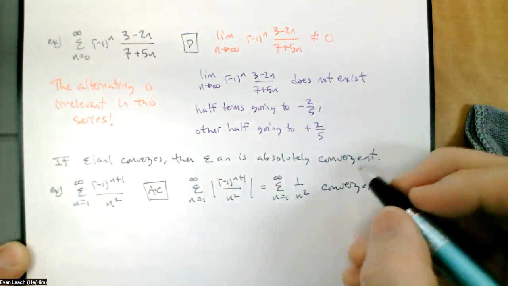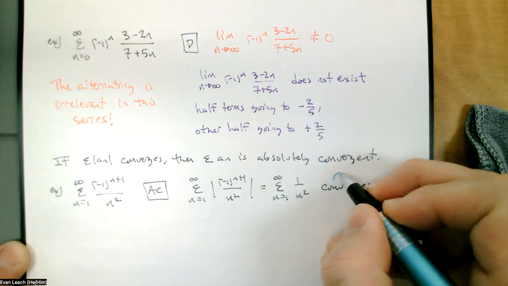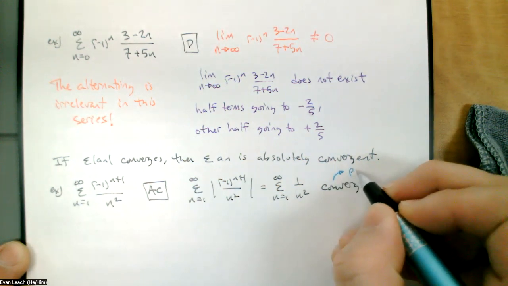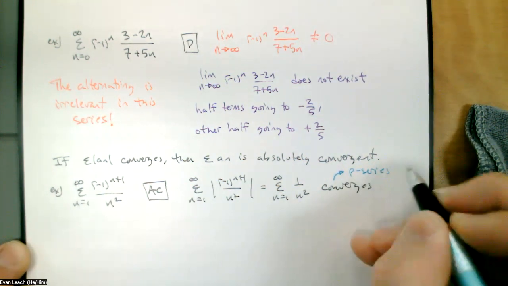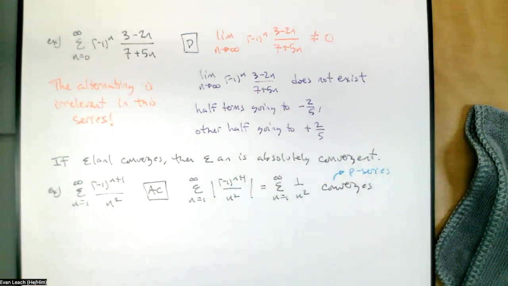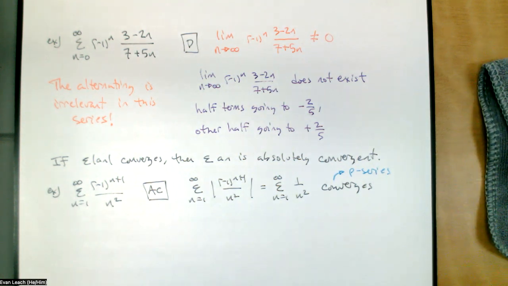Ignoring the alternating part, we have a convergent p-series. Therefore, we could just conclude that the series is absolutely convergent. The alternating is extra. Since the alternating is extra, we don't bring it up.